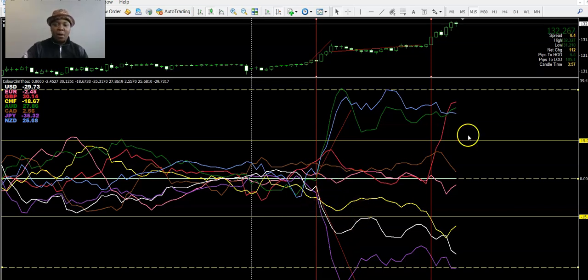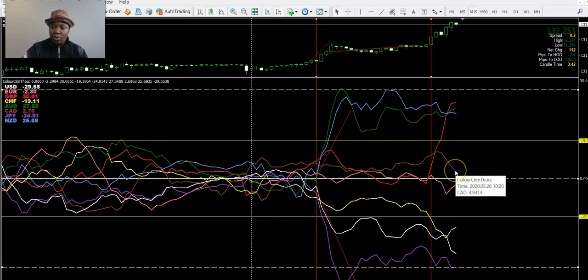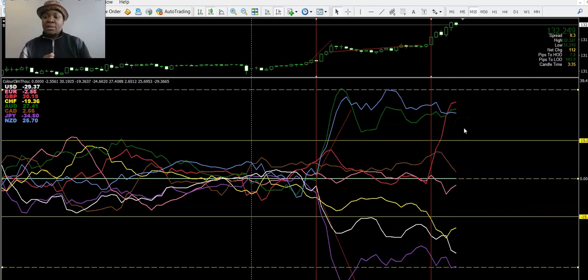That's very, very powerful. You can see they're diverging, but this one is above the zero line. GBP is above the zero line here in this case, which is the reddish line, and the brownish line is the CAD. They are both above the zero line, and they're diverging.